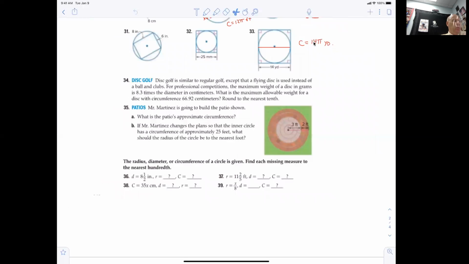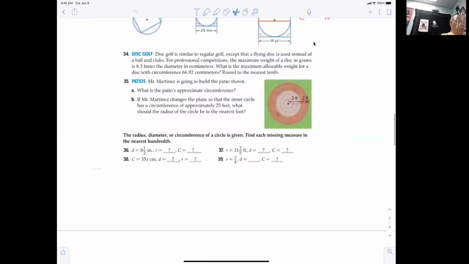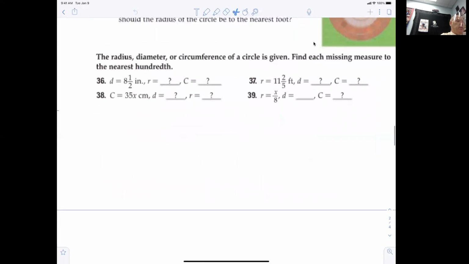Number 38. Several people asked me about this. If the circumference is 35x, x is just a variable, so that's going to stay in your answer. All I want you to do is write 35x is equal to pi times the diameter.